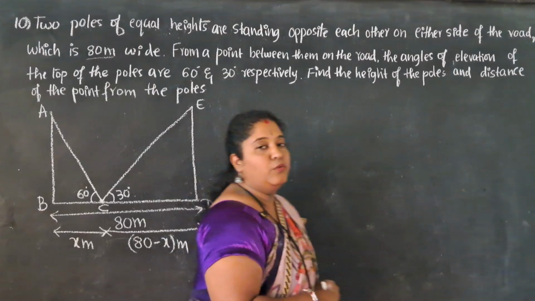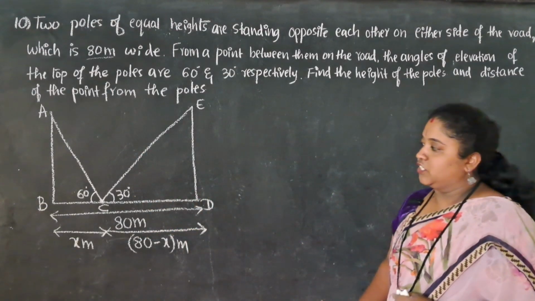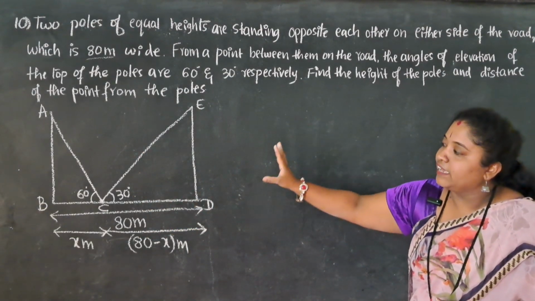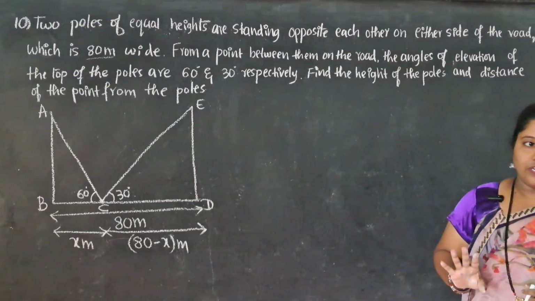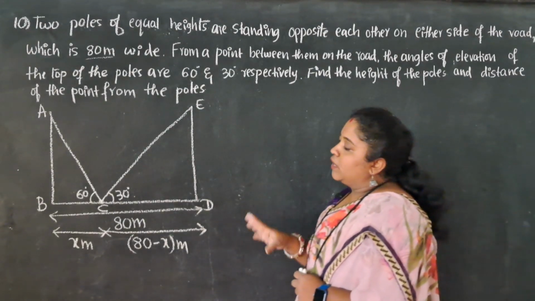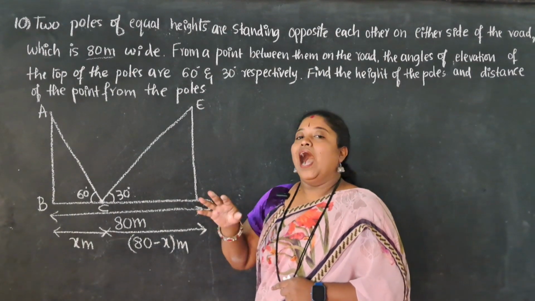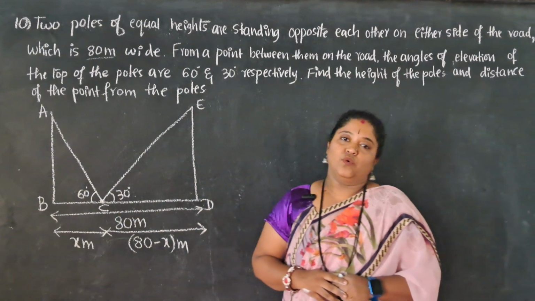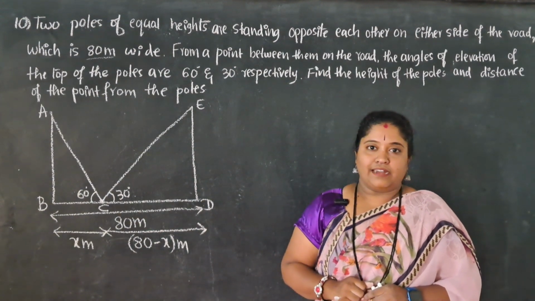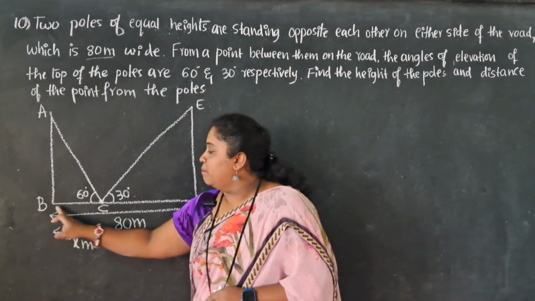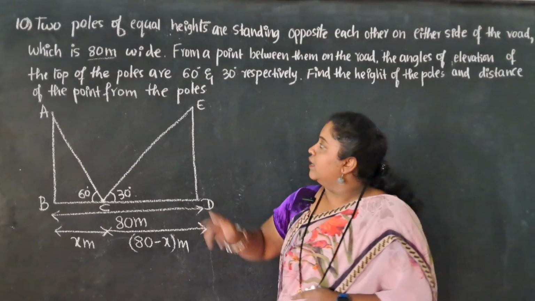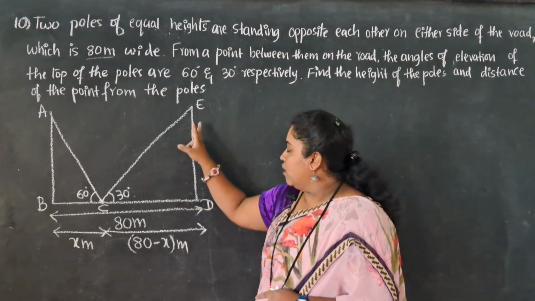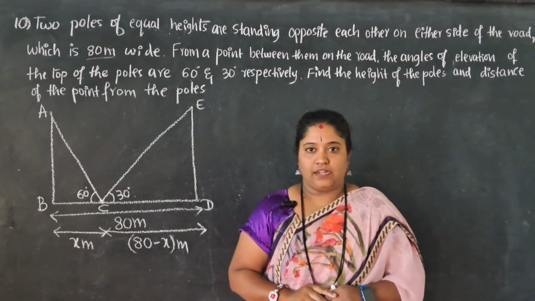This is what I need to do before going to simplify the question. This is the diagrammatic representation of the question. Now, when you look at the diagram, how many right angled triangles can you see? Two right angled triangles. One is the right angled triangle ABC, the other is the right angled triangle ECD.